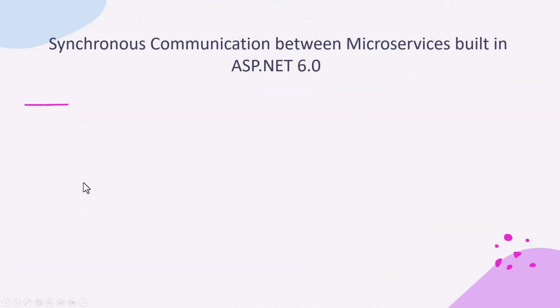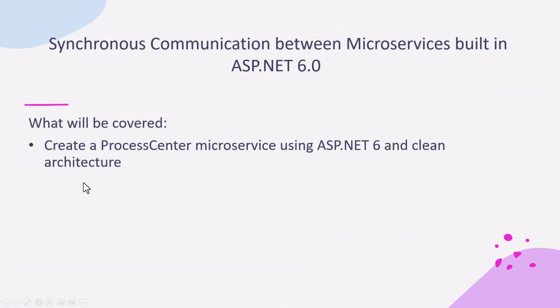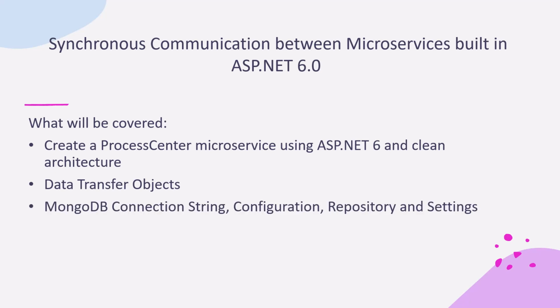So this is what will be covered. Create a Process Center microservice using ASP.NET 6 and clean architecture, like we did for the Command Center microservice in the previous part, or part 2. We'll be building data transfer objects in a similar manner to the previous tutorial, and creating the MongoDB connection string, configuration, repository, and settings.